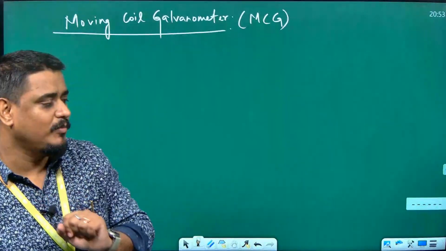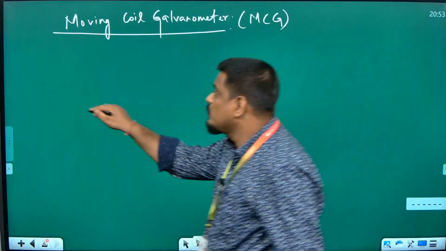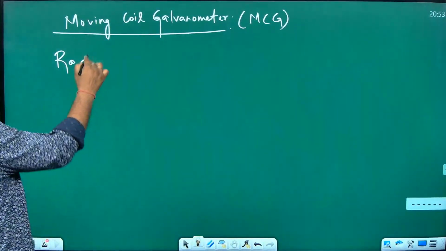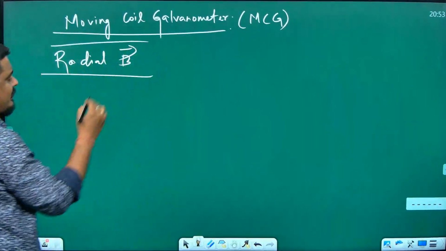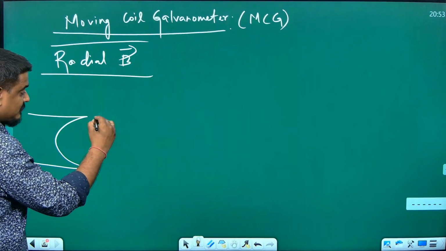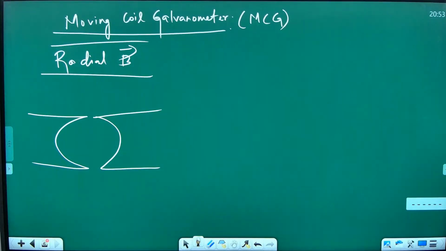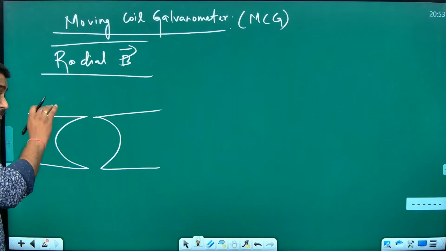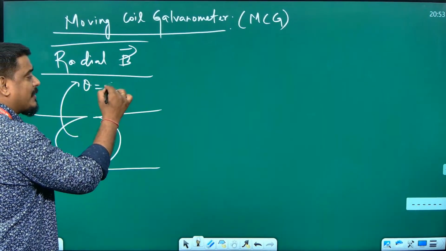The first problem, the theta problem, was solved by using a radial magnetic field. If you see your NCERT book, you will have a very good diagram where they have drawn the magnets something like this. These two parts are not simply drawn like that. It makes sure that theta always remains how much?